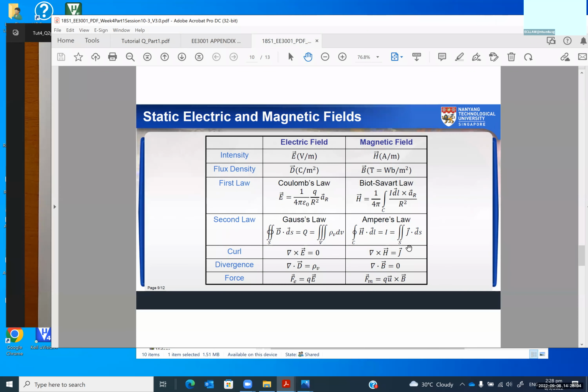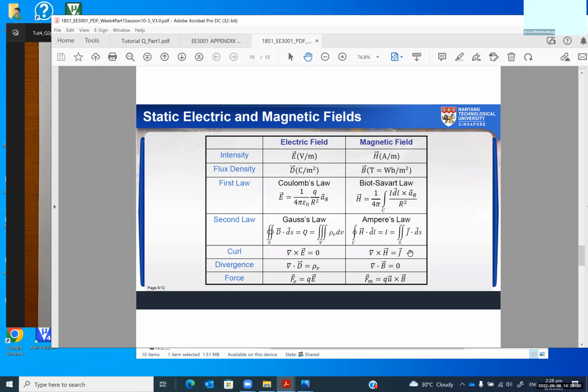Curl H is current density. So in other words, this tells you that the electric field never curls around, don't go round and round. The magnetic field will curl as long as you have some current density. Yeah, that's what it's saying.